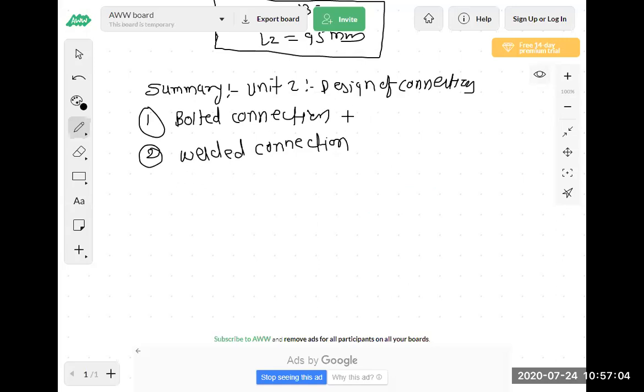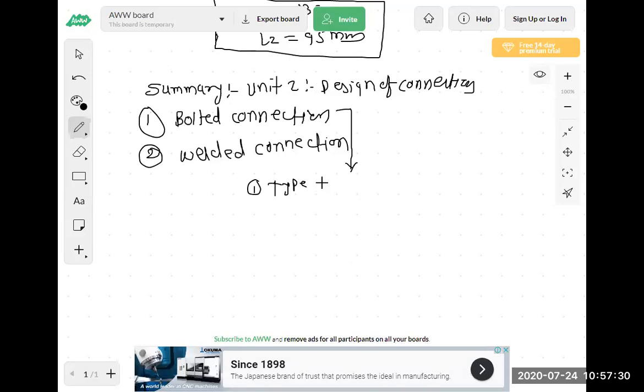In bolted connection, we have learned what a bolted connection is, what the types of bolts are, what the types of bolted connection are, and what the failures of the bolted connection are.